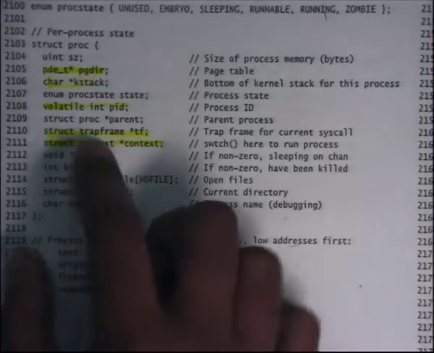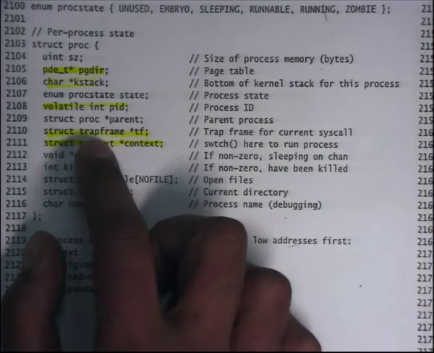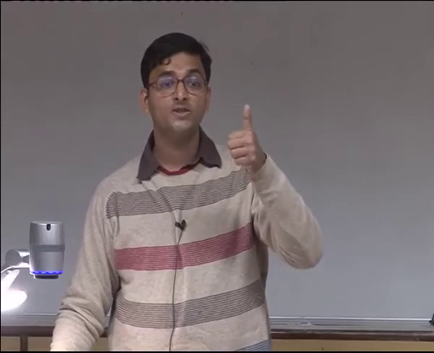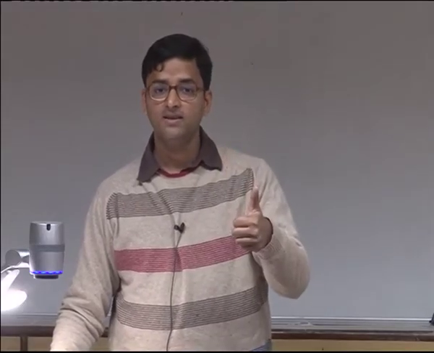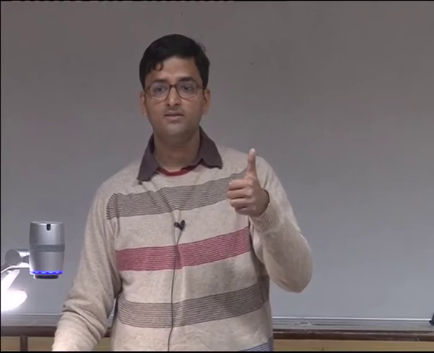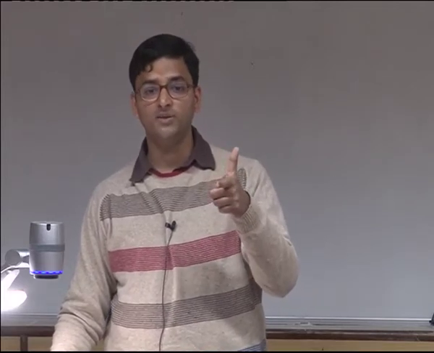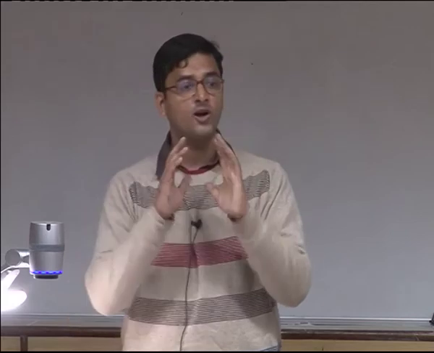Does tf always store a valid value? Well, if the process is not currently running, then tf must hold a valid value, because if the process is not currently running, it must have switched out in the kernel space. If the process is currently running, then yes, tf is not valid.